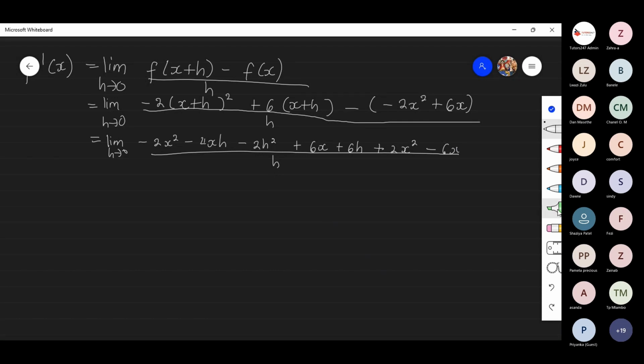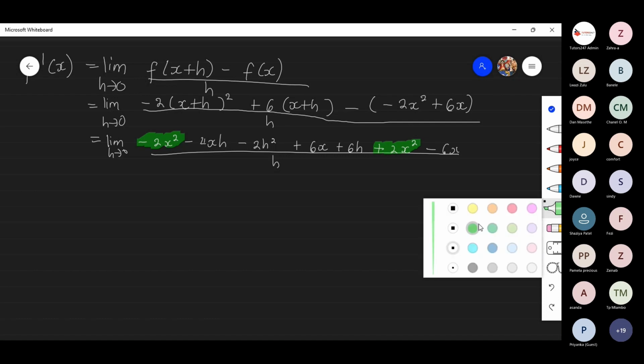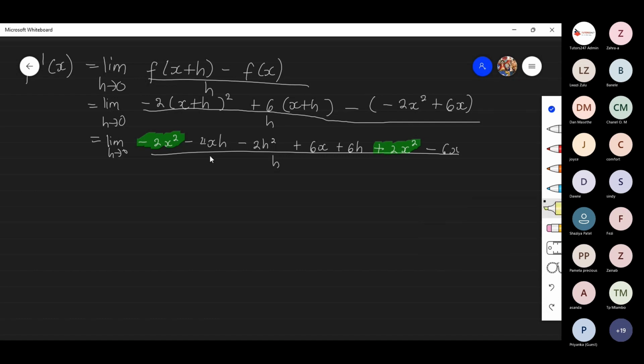Now what we need to do is find our like terms. So we have negative 2x squared, positive 2x squared. That becomes 0. We then have positive 6x and negative 6x. That becomes 0. We are then left with the limit as h approaches 0 of negative 4xh minus 2h squared plus 6h all over h.